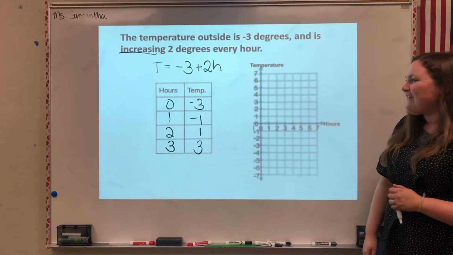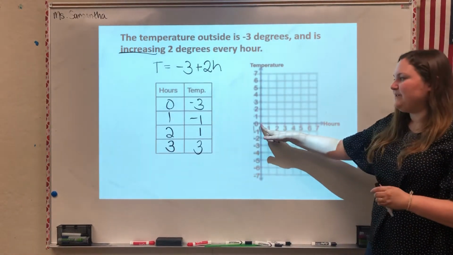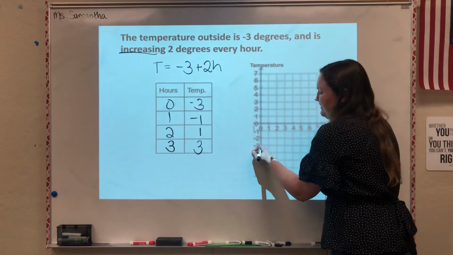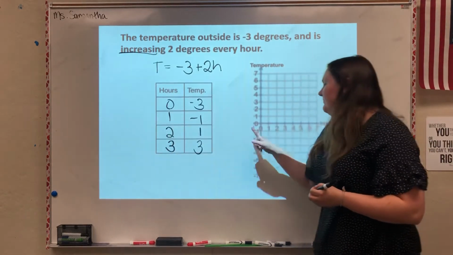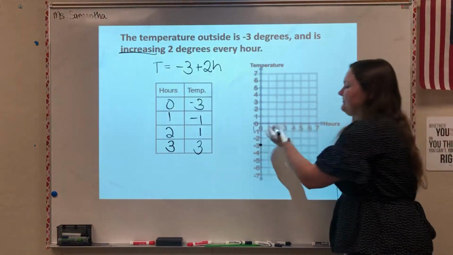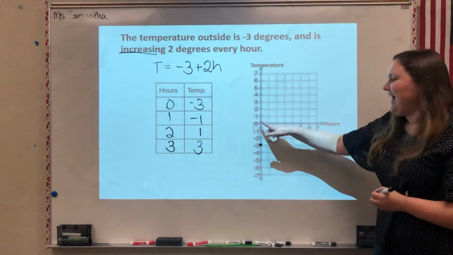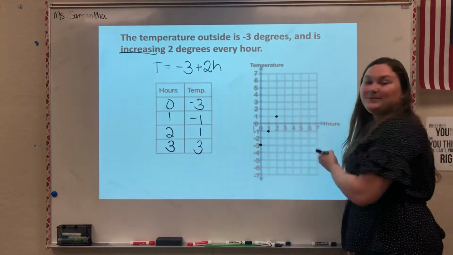On our graph, I would want to show, at hour 0, the temperature was -3 degrees. So the temperature was down here. After 1 hour, the temperature was -1 degrees. So I can put a point there. After 2 hours, the temperature was 1 degree. So we could put a point there.